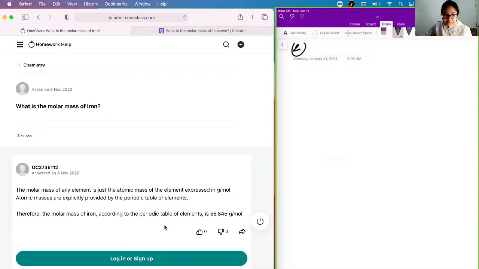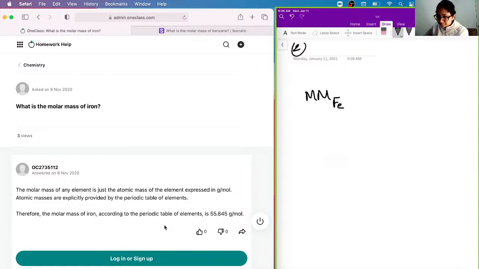Okay, so our next question says, what is the molar mass of iron? And so the molar mass, so let me write this down here. Mass of iron. So iron has a symbolic letter of Fe, which is a scientific symbolic representation for iron.